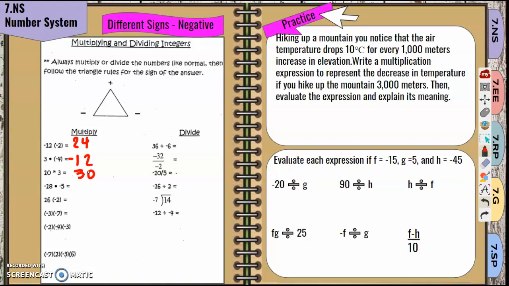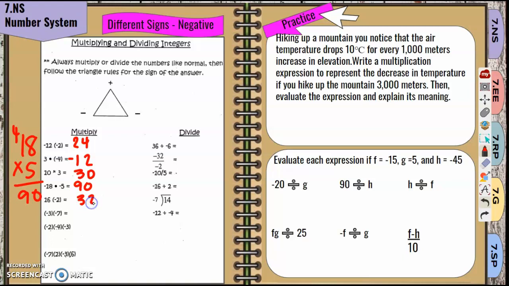Negative 18 times negative 5. So the first thing I'm going to do is multiply. 5 times 8 is 40. 5 times 1 is 5, plus 4 is 9. So that is 90. And a negative times a negative is a positive. The signs are the same, so it's positive. 16 times 2 is 32.